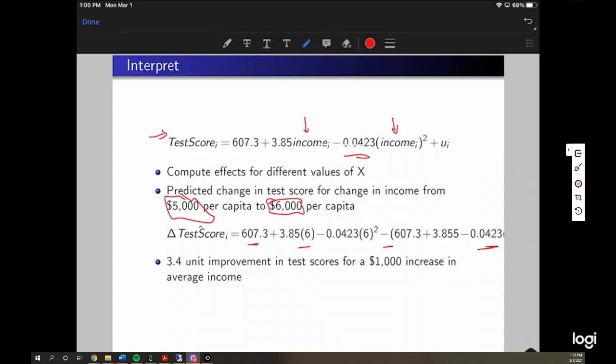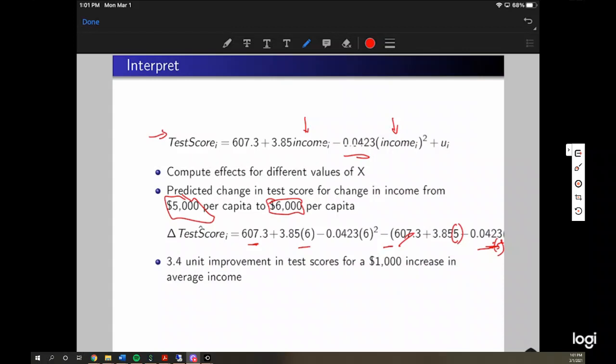So the intercepts are just going to cancel out because they're not affected by income. But then we would have 3.85 times 5 minus 0.0423 times 5 squared, 25. And so it turns out that this change in test scores is going to be a 3.4 unit improvement in test scores for a $1,000 increase in average income at $5,000 to $6,000.